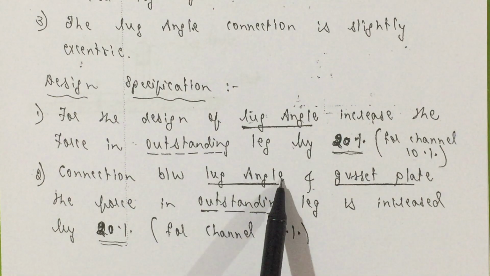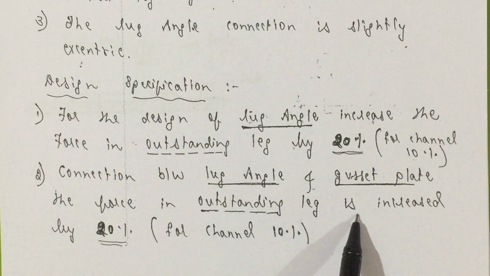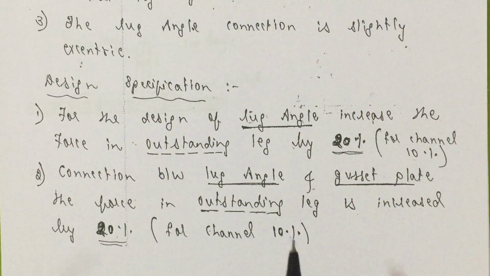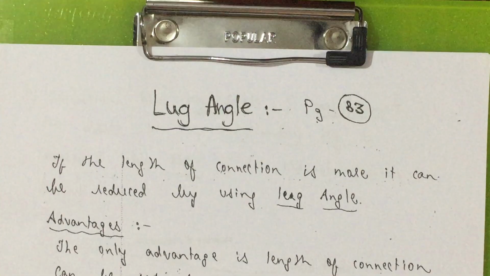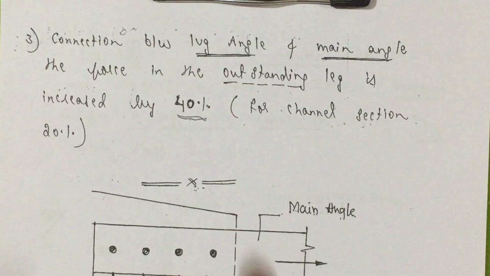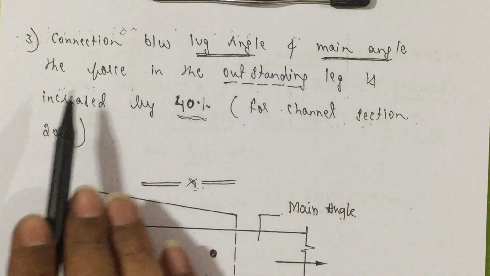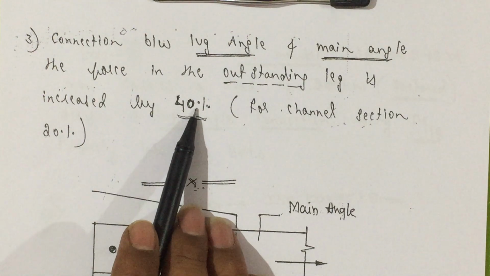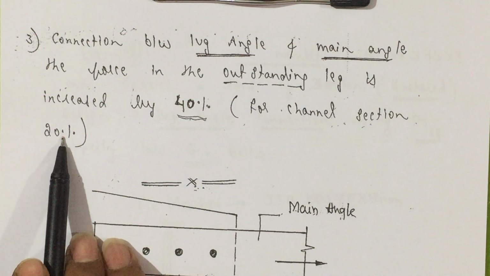Then connection between the lug angle and the gusset plate, the force in the outstanding leg is increased by 20%, and for channel it should be 10%. And the third point, connection between lug angle and the main angle, the force in the outstanding leg is increased by 40%. For channel section, it is 20%.